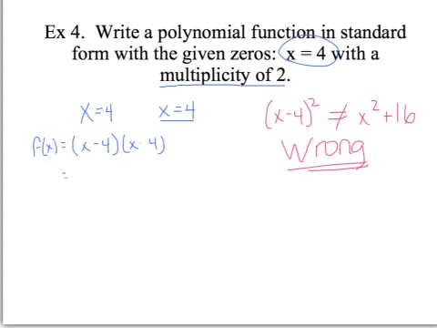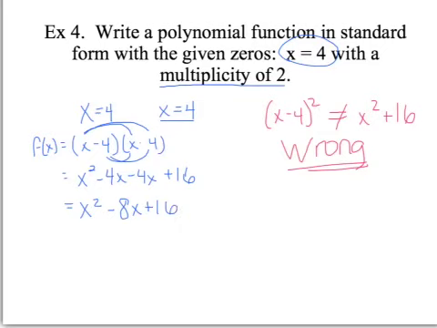Alright, I'm going to multiply these. x times x is x squared minus 4x minus 4x again plus 16. So I have x squared minus 8x plus 16, not x squared plus 16. There we go.